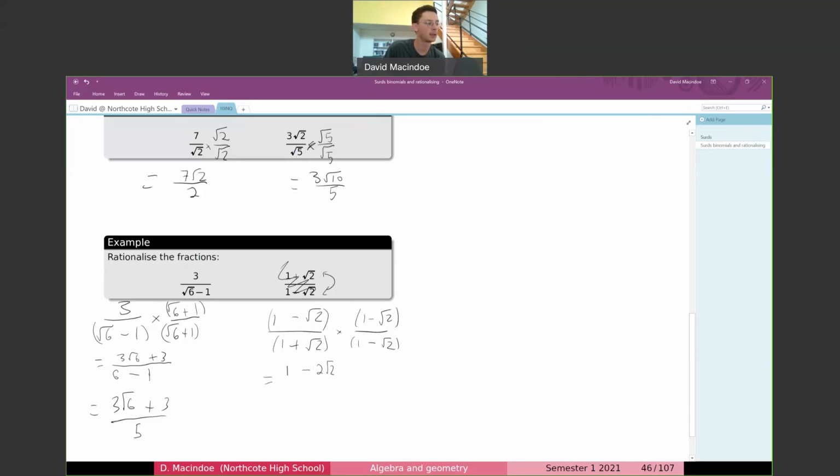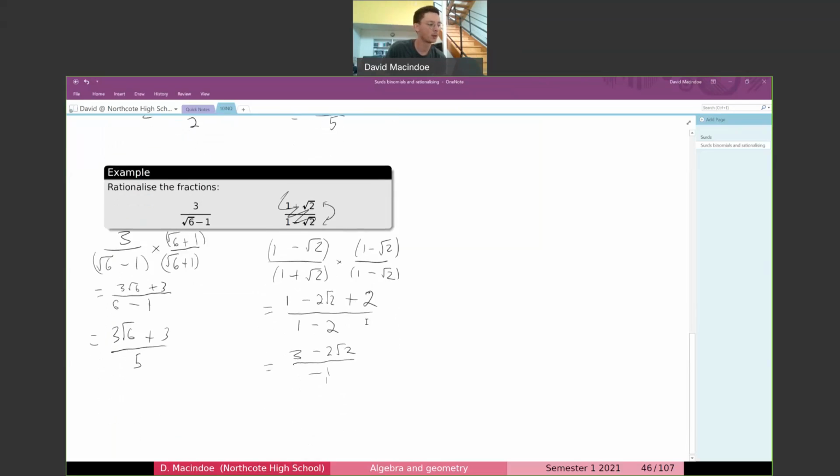And then finally you get the last thing all squared, and it's positive, so plus 2. On the bottom, difference of two squares again. So it's 1 squared is 1, take away root 2 squared is 2. Simplifying these like terms, 1 plus 2 is 3, take 2 root 2. And then on the bottom, 1 take 2 is minus 1.